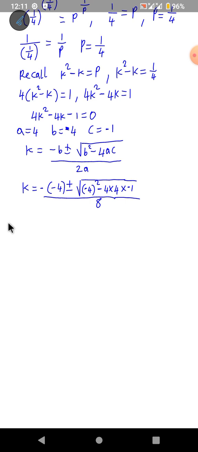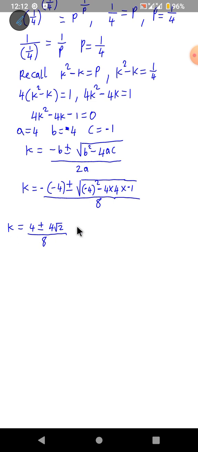Now this is my k equal to, minus times minus is what? Plus. So here will be 4 plus or minus. Then now I'm going to simplify everything here. On simplifying everything here, now I got 4 root 2, then all over this 8 here. Now I will continue again.